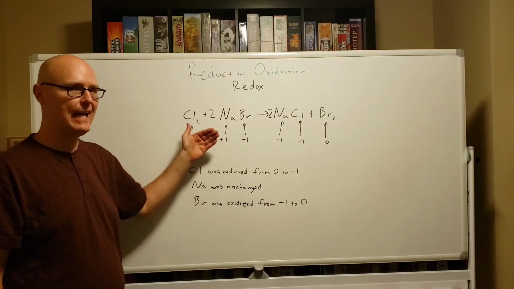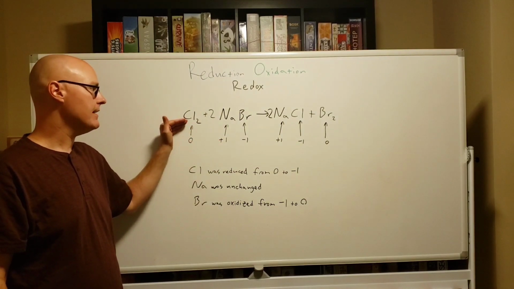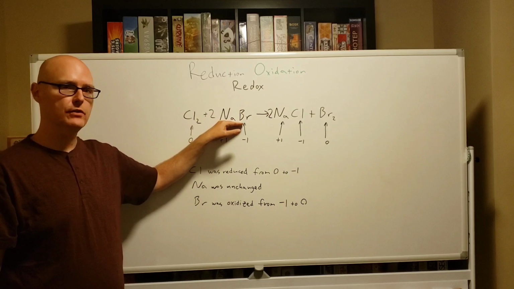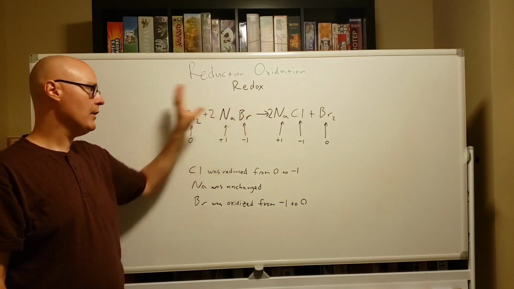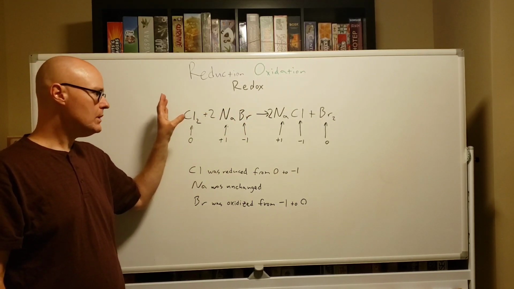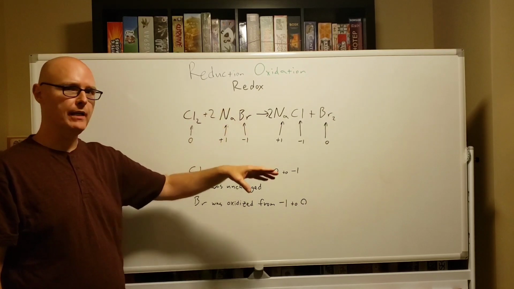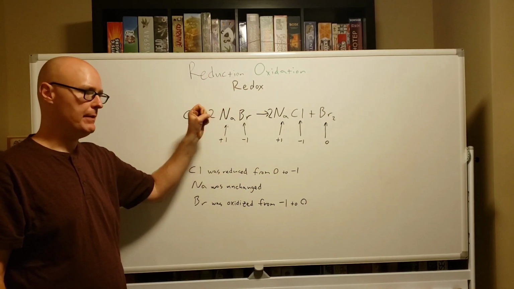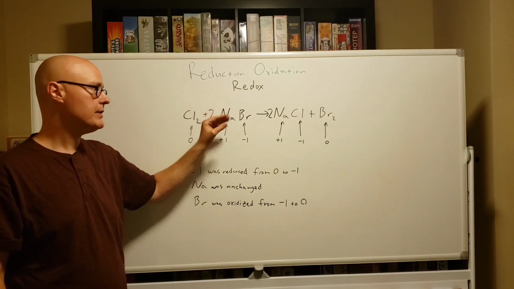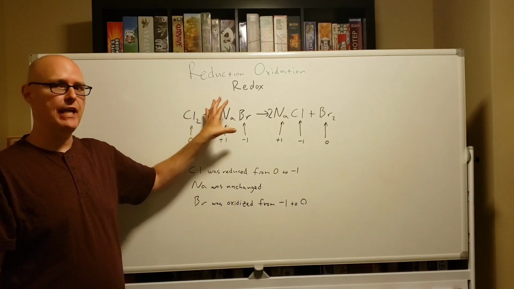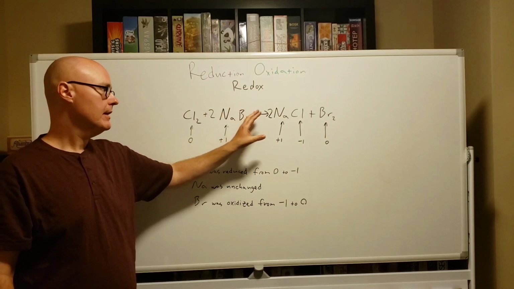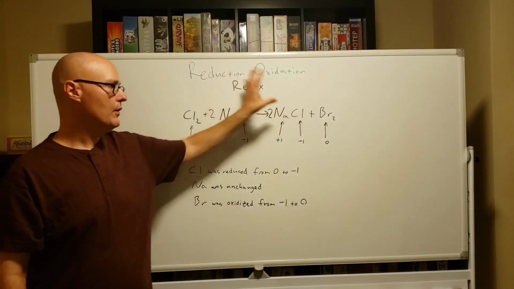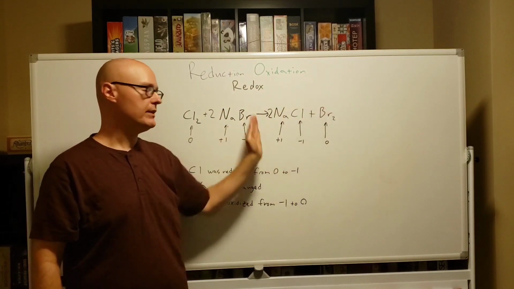So what's really happening here is this chlorine gas is combining with this sodium bromide, stripping out the sodium and the bromine. This reaction's occurring. It might be exothermic. I'm not sure in this reaction, but energy is exchanged in order for this to happen. When it's all said and done, this is what's left.